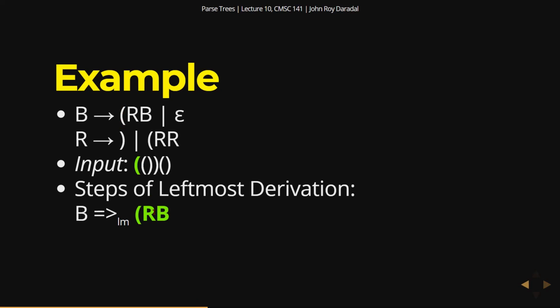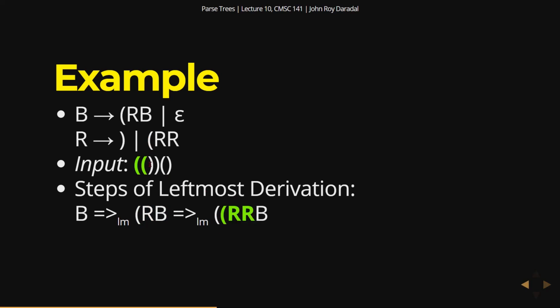Now, the next symbol is open again, and it is for R. So R on open, we'll have to use this one. We'll replace R with this one because we know that the next symbol is open.